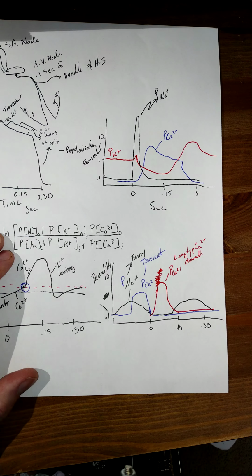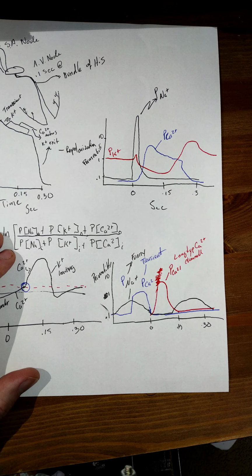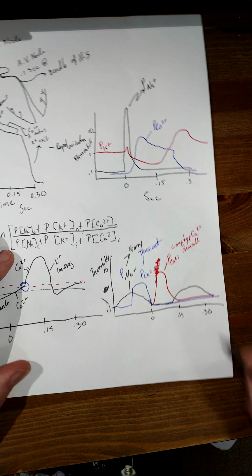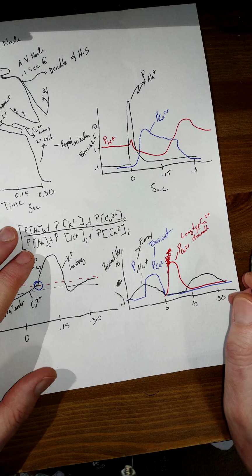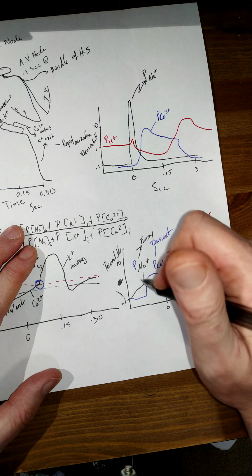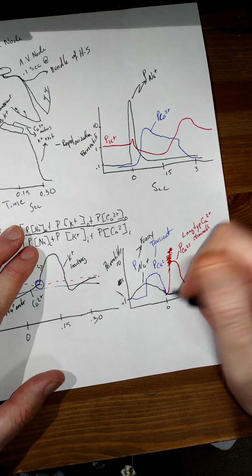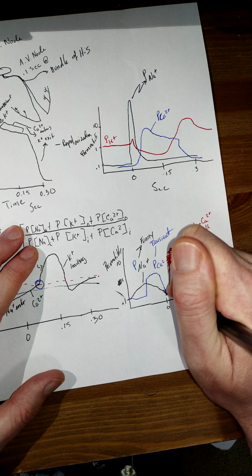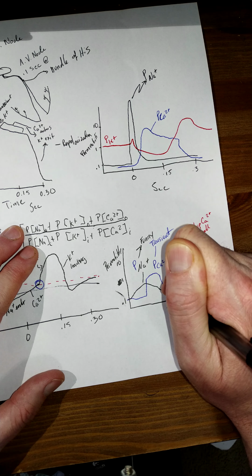Lastly, we haven't forgotten about our friend potassium. Potassium is what's really driving all this. It's just a normal ion channel. But what's happening is, the best way of drawing it is right after here.